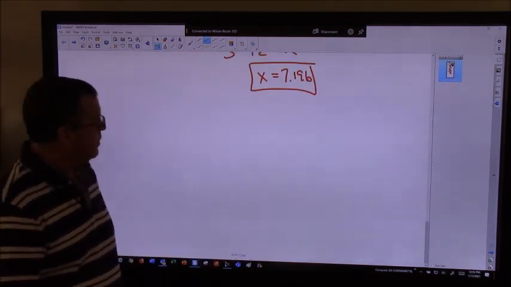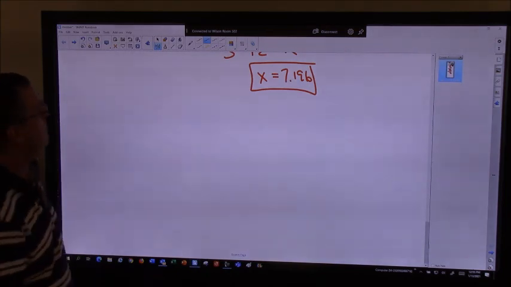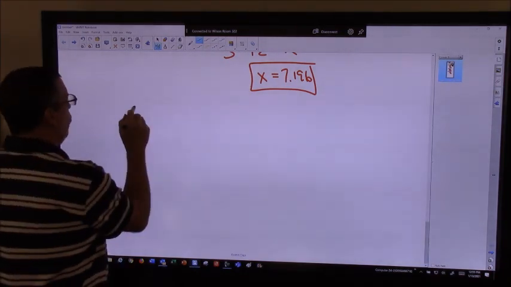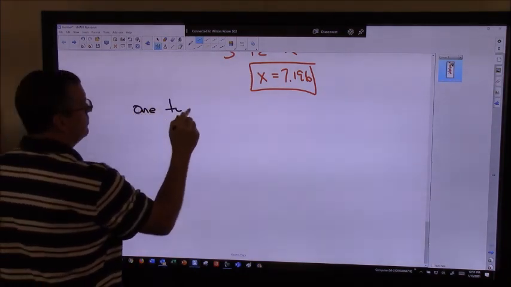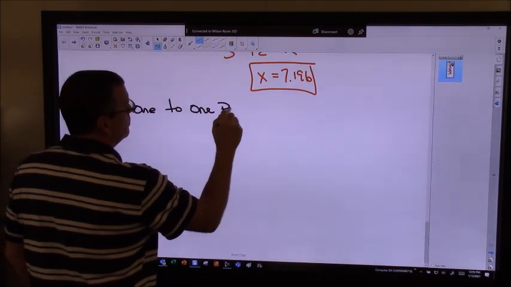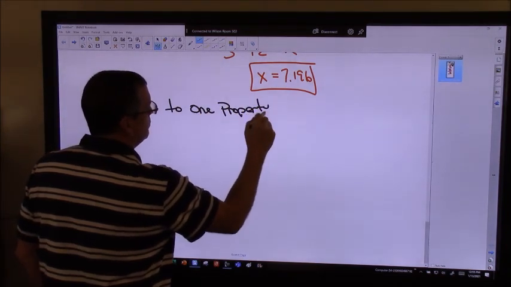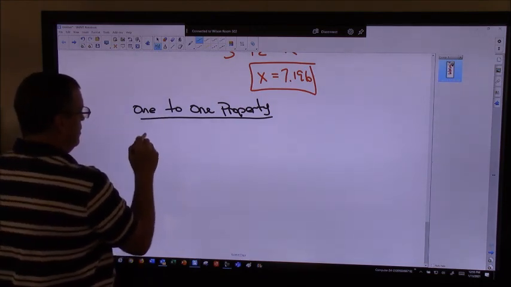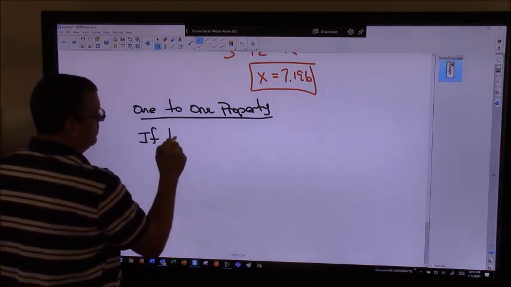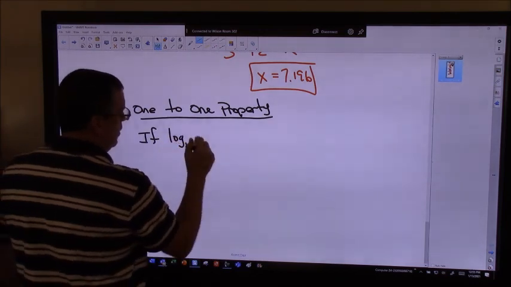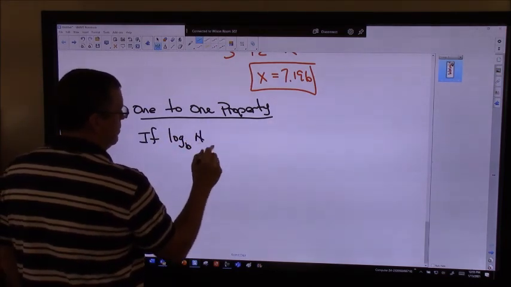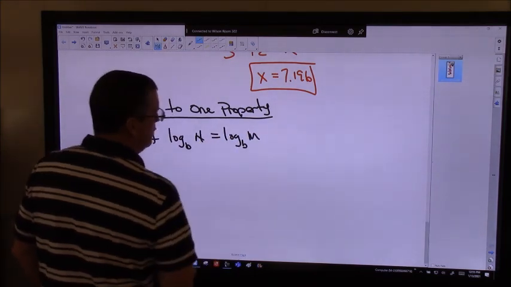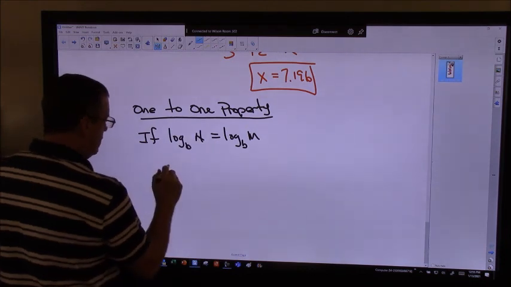All right, so I want to take a look at another type of problem, and just kind of remind you guys of our one-to-one property. Remember, this could go on your note card. If log base b of n equals log base b of m, then n has to equal m.